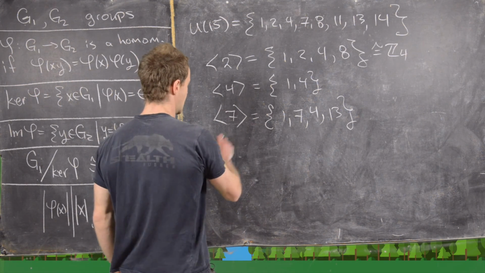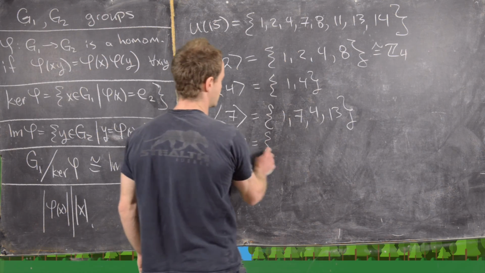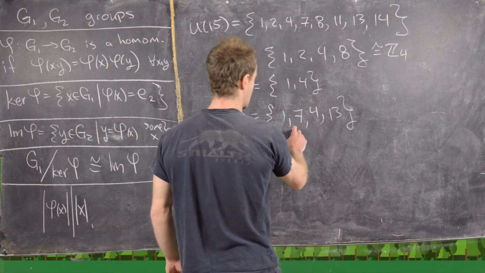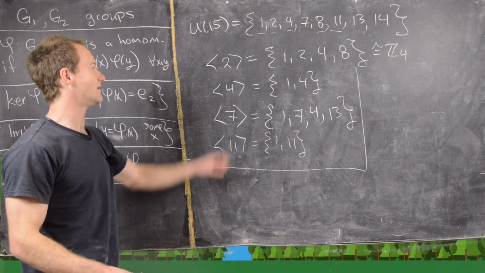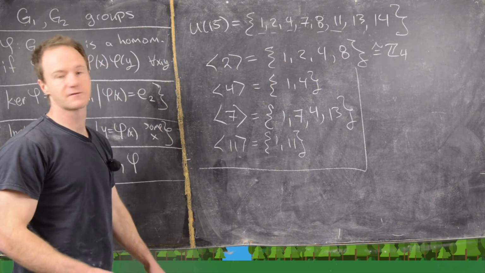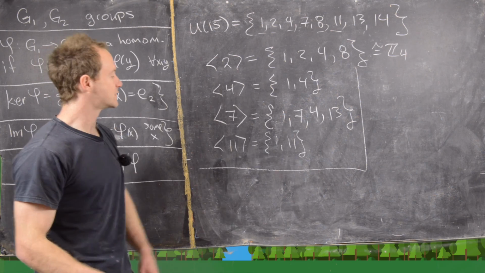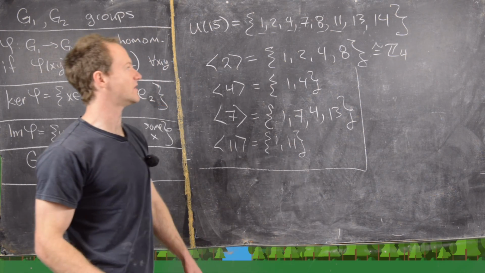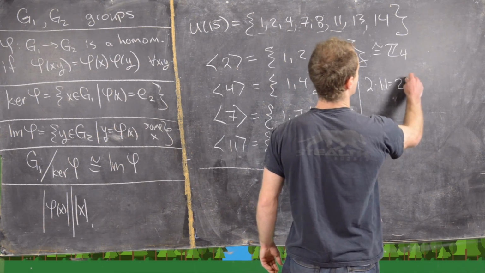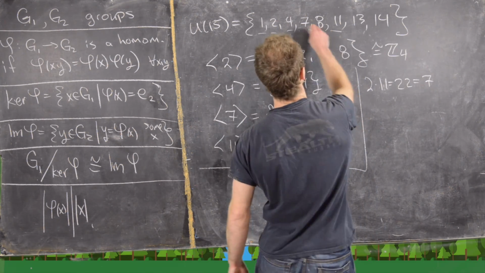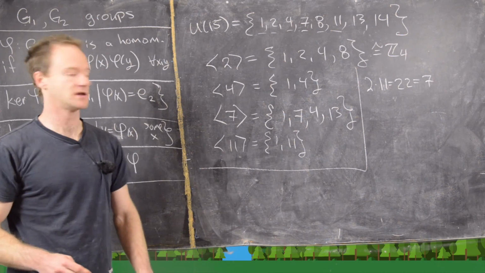And then notice that the cyclic subgroup generated by 11 is just {1, 11}. But now notice we can get the rest of the elements by combining things from 2 and 11. So if we do 2 times 11, we get 22, which is the same thing as 7 mod 15. Good.